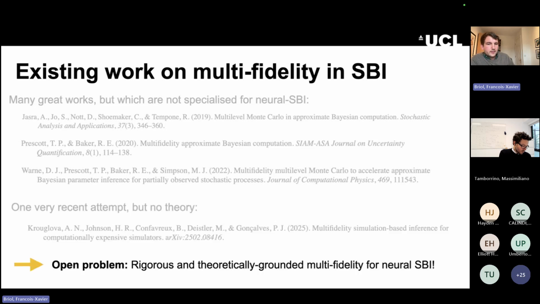So the open problem for us was having strong theoretical guarantees on the performance of the method, and trying to understand how it depends on the number of simulations from each fidelity level, and so on.